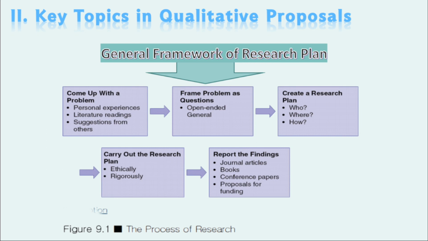And finally, in the fifth box, after we've gathered all our data and insights, we report our findings. This could be in the form of journal articles, books, conference papers, or even proposals for funding. So this flowchart simplifies the steps we take to write a quality proposal.